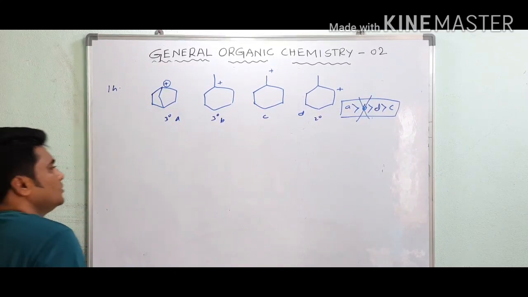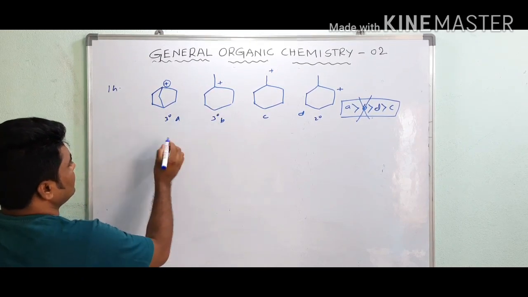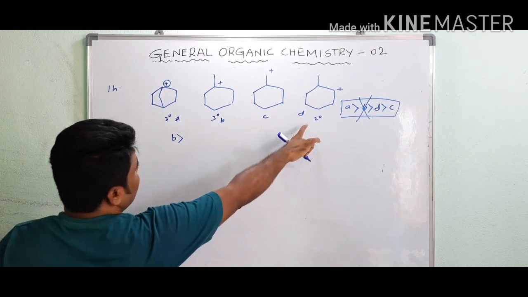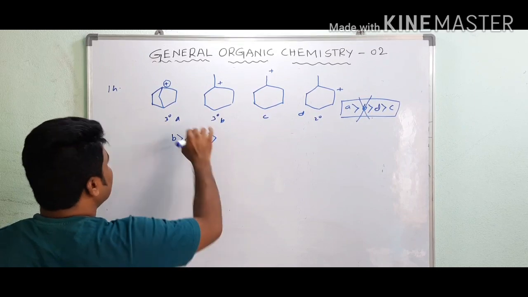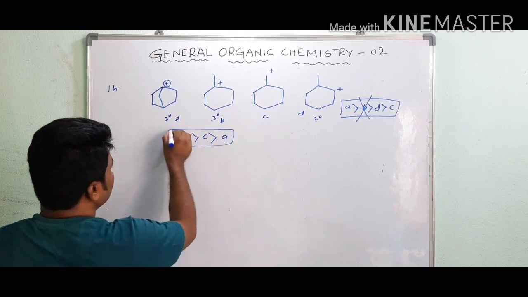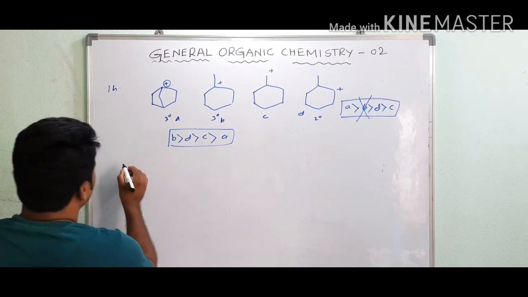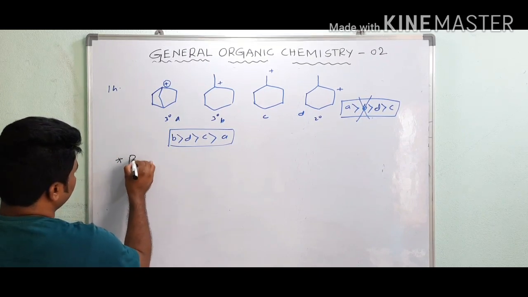Now see here, the highly stable is this one. B is the more stable, then after that D will come, secondary, then primary C. The last, highly unstable is this one. This is A. So here I will introduce one new rule, that is Bredt's rule. How will it be highly unstable?